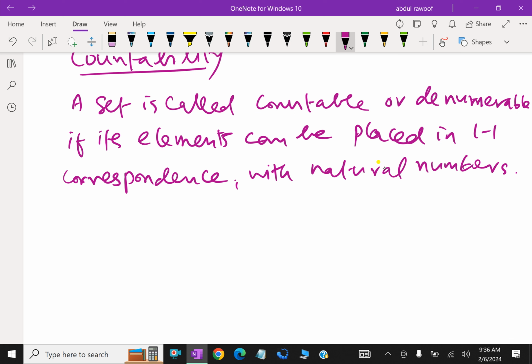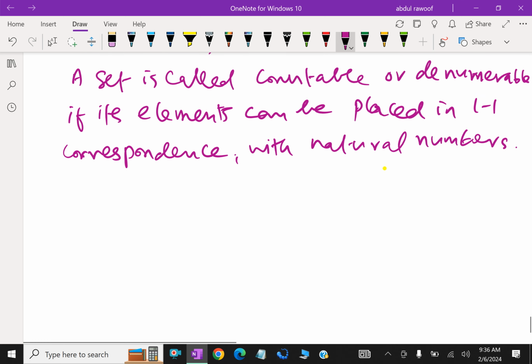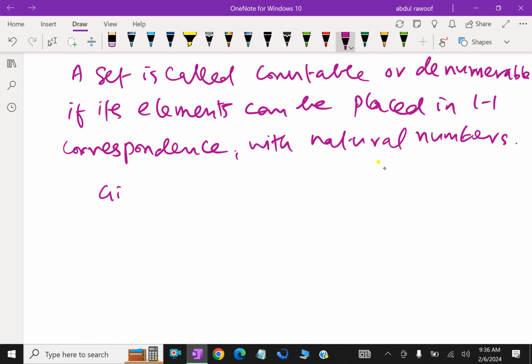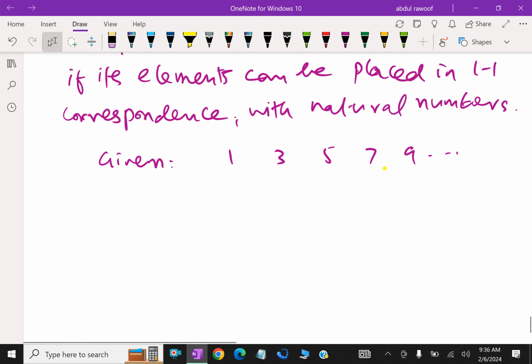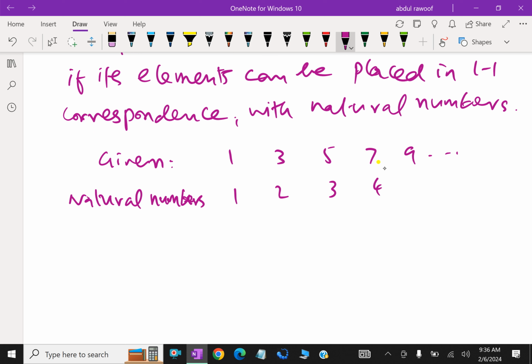For example, look at here, given 1, 3, 5, 7, 9 and the natural numbers 1, 2, 3, 4, 5. Both are in one-to-one correspondence.